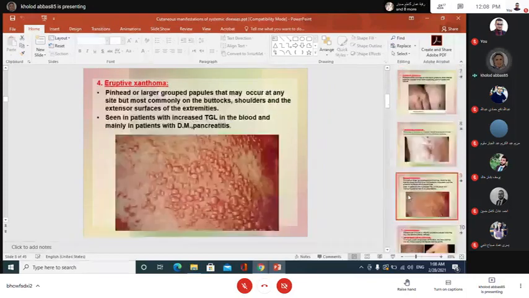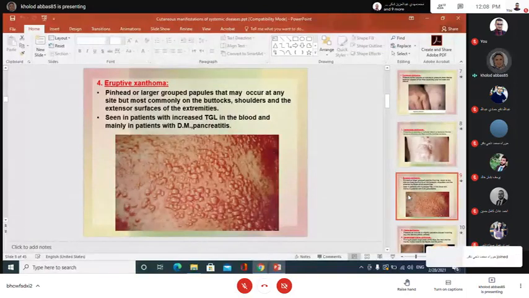Eruptive xanthoma. Eruptive, they are small pinhead lesions. Okay. More accumulation, there is a large number. When we say eruptive, it means sudden presence of a large number, groups of papules. Okay, may occur at any site, but the most common sites are the buttocks, shoulders, and extensor surface of the extremities.